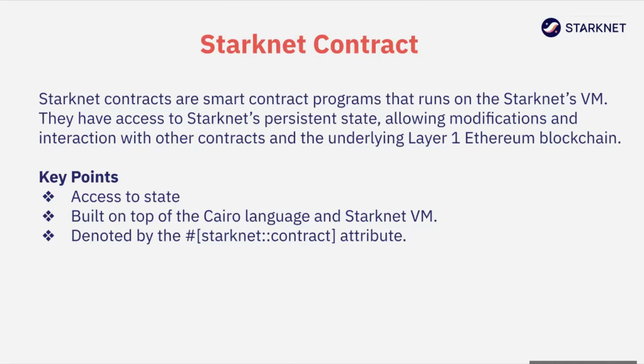You can have a pure Cairo program written in Cairo, but it doesn't have access to the StarkNet virtual machine. While StarkNet contracts have access to state and storage, and they're also written in Cairo. That's the main difference between Cairo programs and StarkNet contracts.